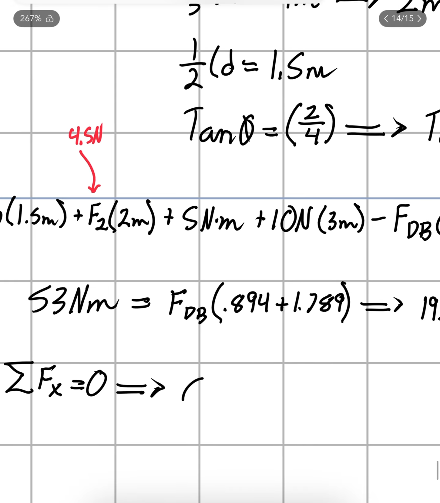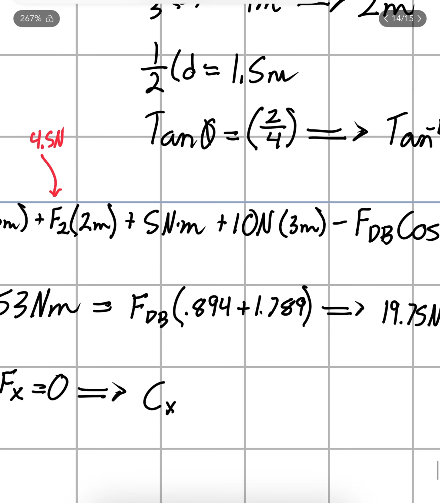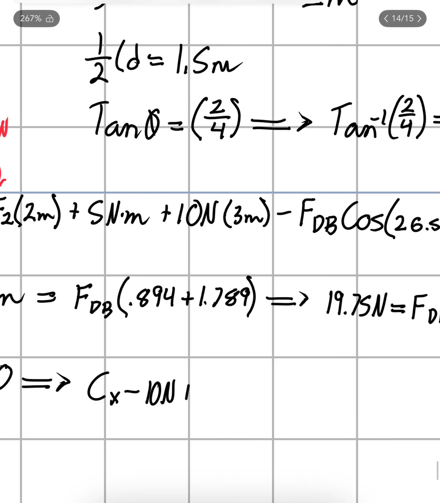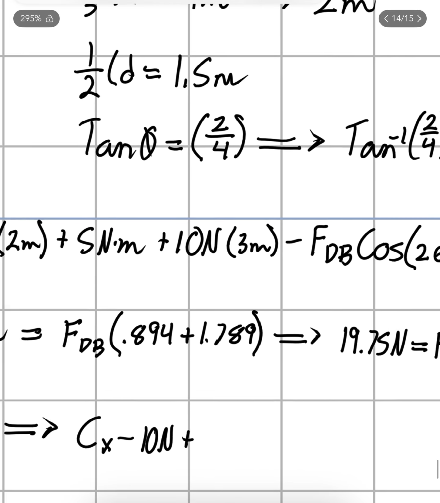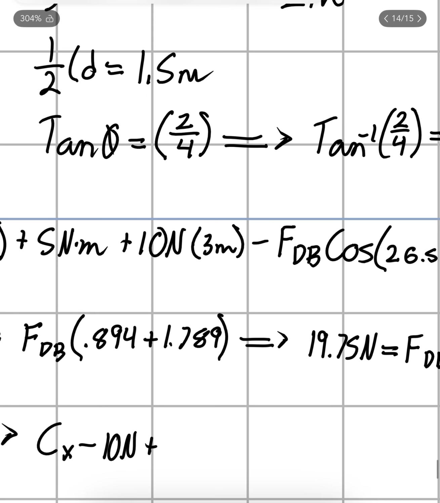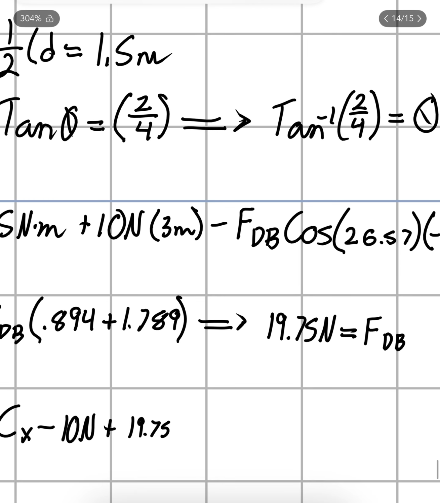So we have Cx minus 10 newtons of force plus our cable forces, which are 19.75 sine 26.57 degrees.